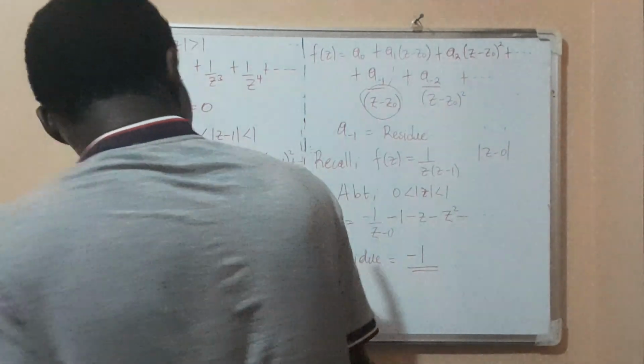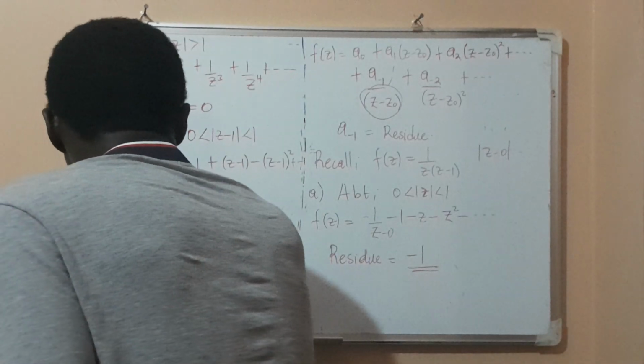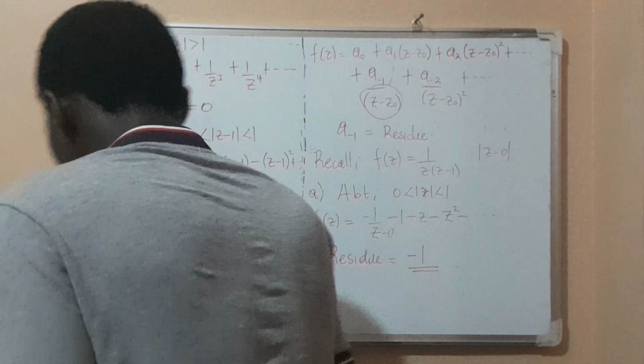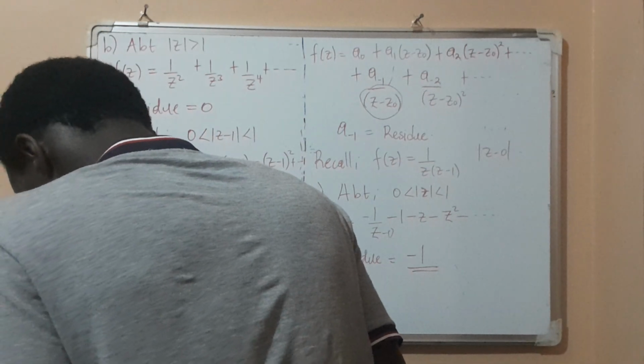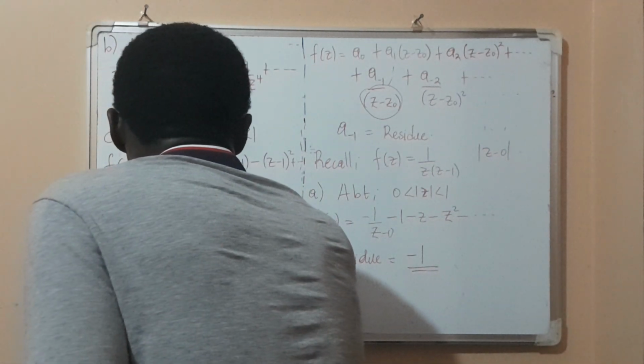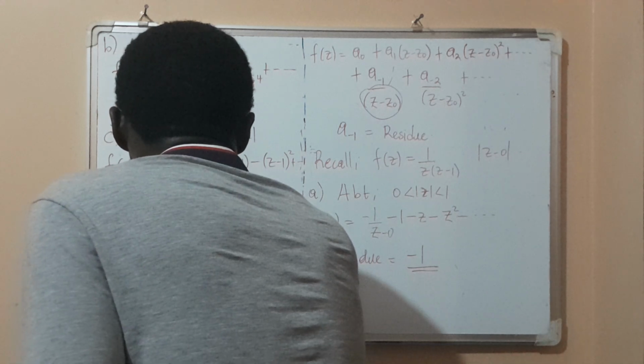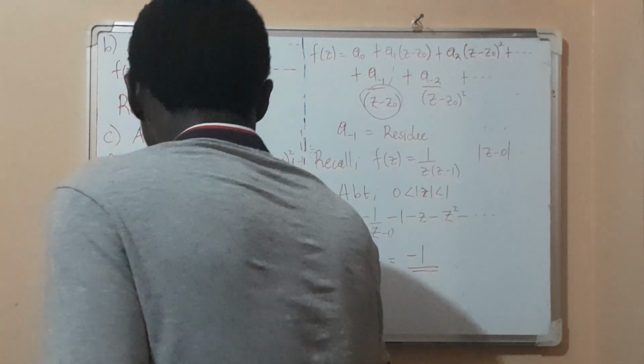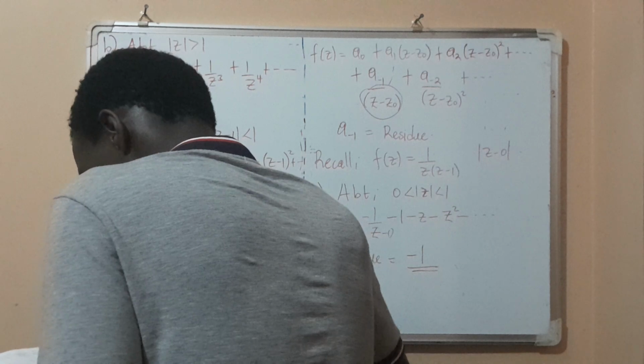Then part D, we are obtaining the series representation of that thing about absolute z minus 1 greater than 1, I think. Yeah.